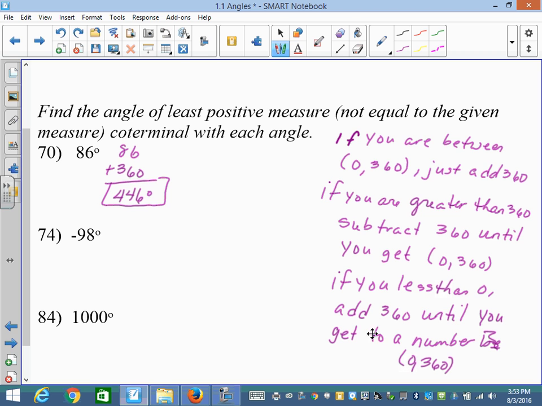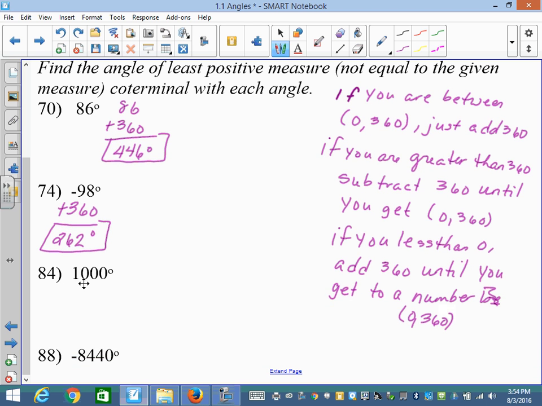Negative 98 plus 360 gives me 262. I am there, between 0 and 360.